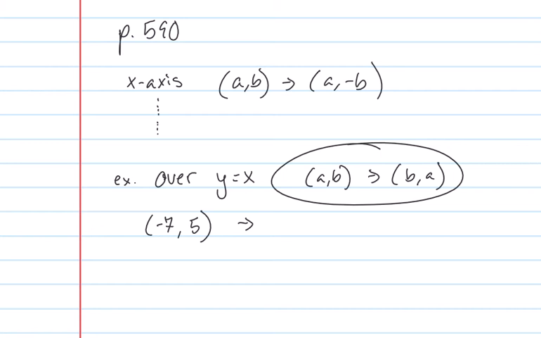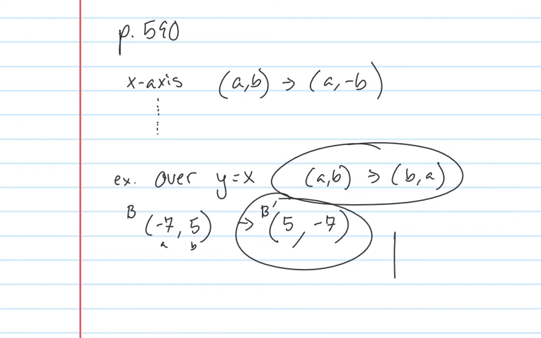So B now goes in my first spot, so this is B and this is A right here, and then A goes in my second spot. Alright, I don't have to multiply anything by negative. So if this was B, this would be B prime. And I need to make sure that everything is labeled with primes. Always. Make sure that everything has a name to it.